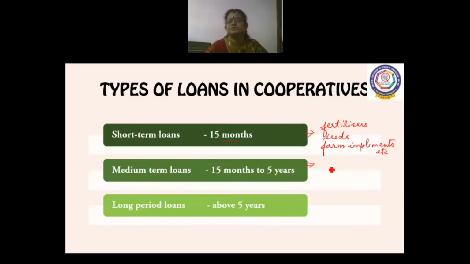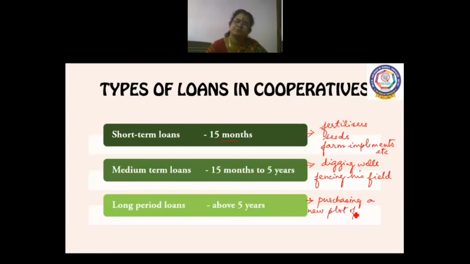This loan amount is used by the farmer for digging wells, for fencing his field, etc. Long-term loans stretch for about 5 years or more, and this loan amount is utilized by the farmer for purchasing a new plot of land or to buy machinery, etc.